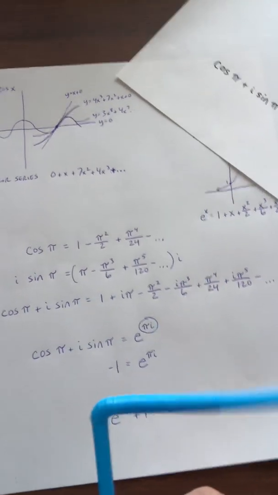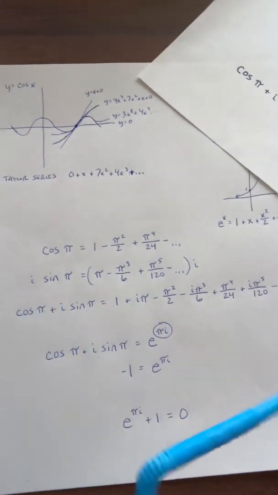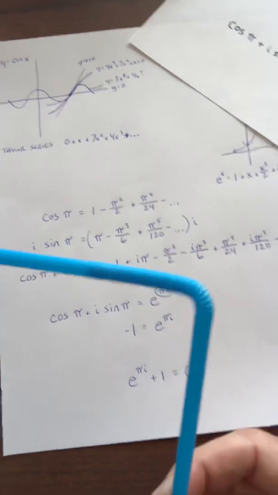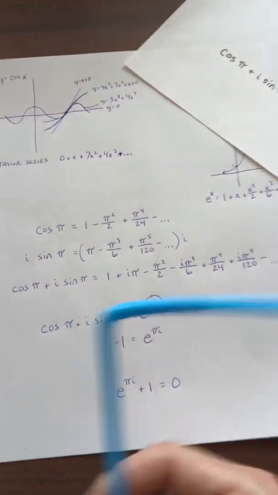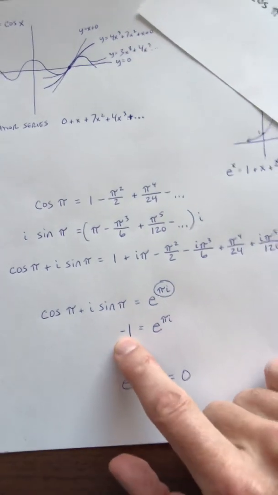And what's that saying? That's saying that as we rotate a number 180 degrees, as we rotate this straw 180 degrees, we'll be at the -1 point. If we rotated it 360 degrees, if this was e to the 2 pi i, that would equal 1.